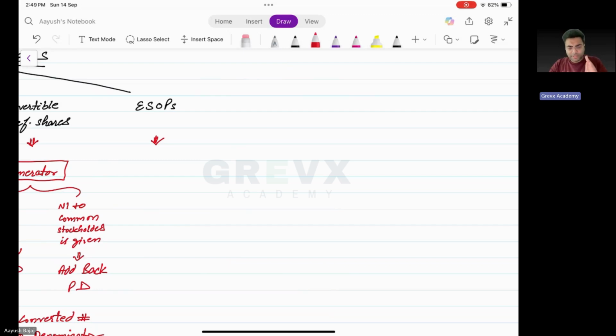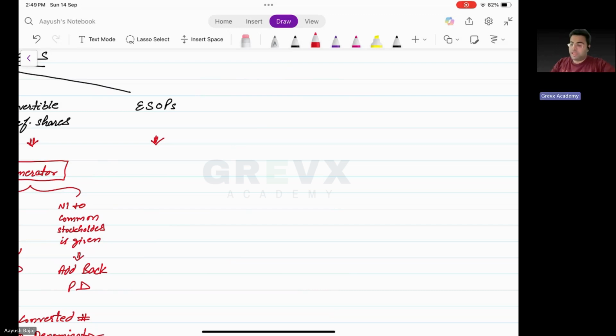So ESOP gives employees the right wherein they can get X number of equity shares at a discounted price to the market value. This is the concept.